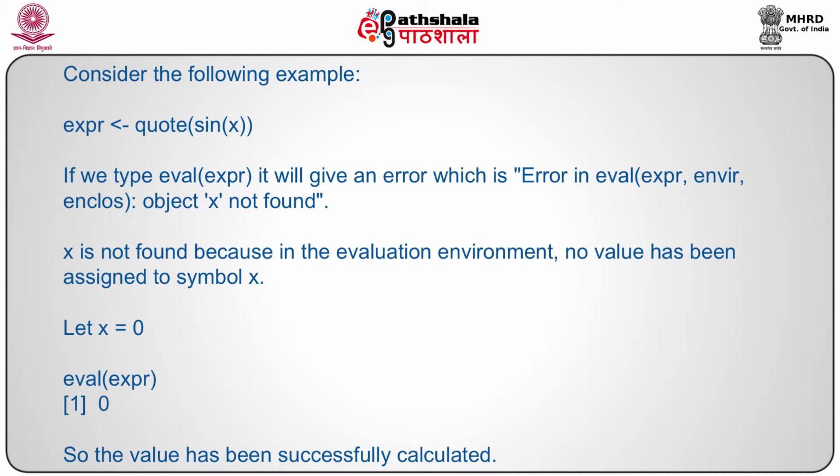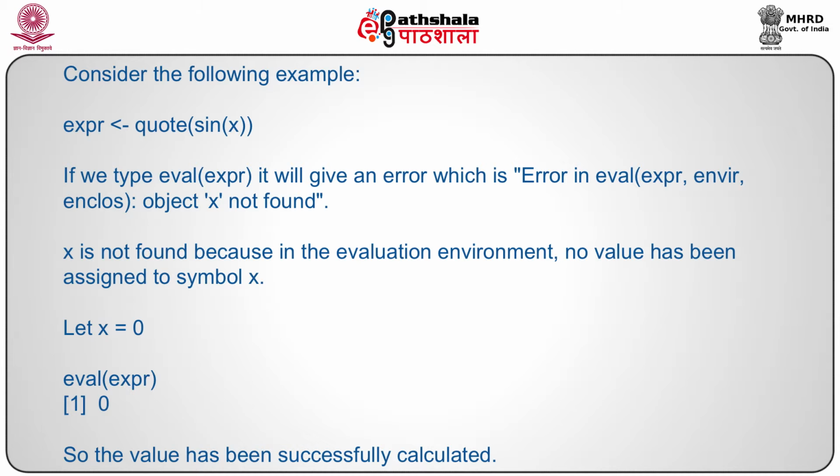So, for this, let's consider an example. Let us again consider the expression that contains quote of sin(x), the one we had discussed previously. Here again we are writing the same code and it will look like this.